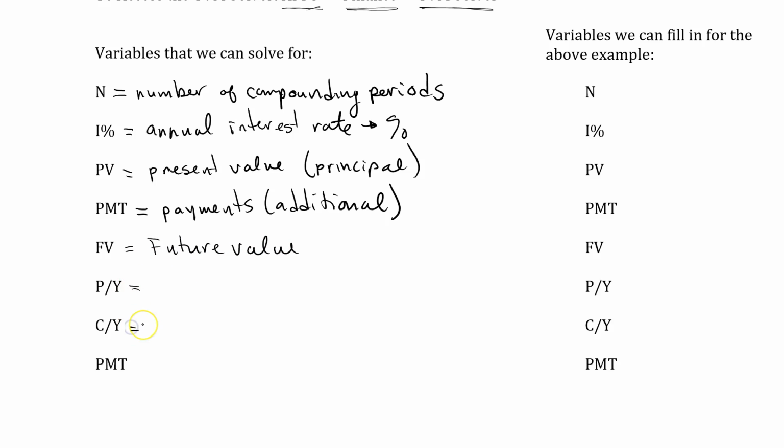PY and CY are connected, though they're a little bit different. PY is the number of payments per year. And CY is compounding periods per year.